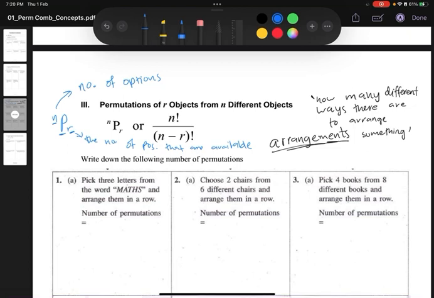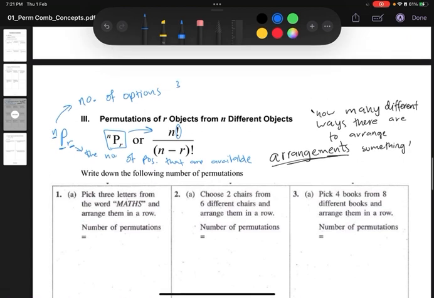Right, so I'm assuming that you are familiar with this sign, the factorial sign, and all of this can be represented as this. So we have the number of options. So let's say we have 3 on top, so that would be our N. P, 2. So I'm choosing some small numbers to help you understand.